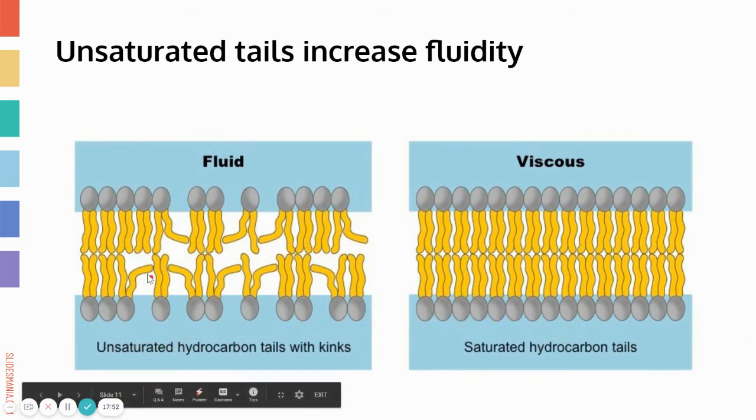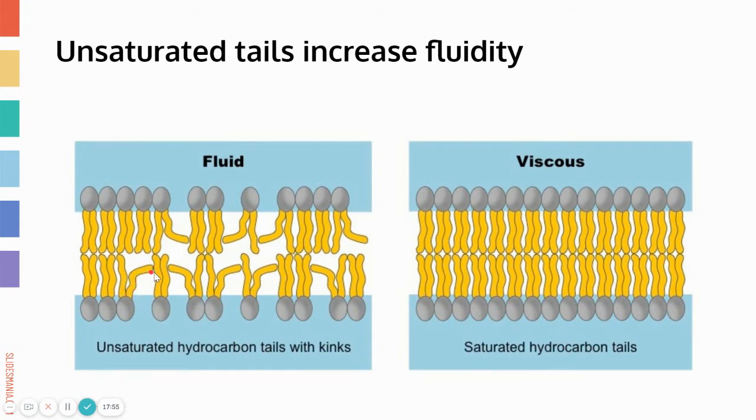But because of this, at least 1 degree of unsaturation is going to cause these kinks to form in the membrane, and it's going to force the molecules to be more spread out. And because they're not as tightly clustered to one another, that's going to give the membrane a more fluid composition. So when you think about it, the only thing that's really holding a membrane together is the fact that these hydrophobic tails don't want to be exposed to water, whereas these hydrophilic heads do.